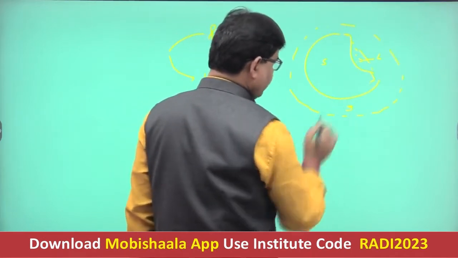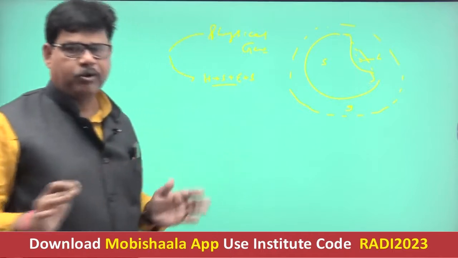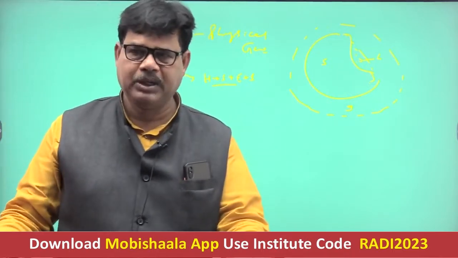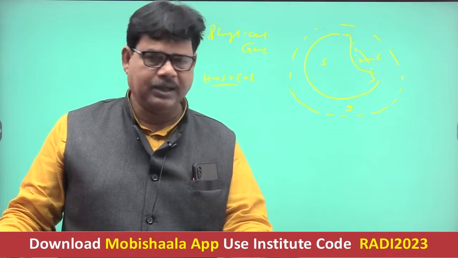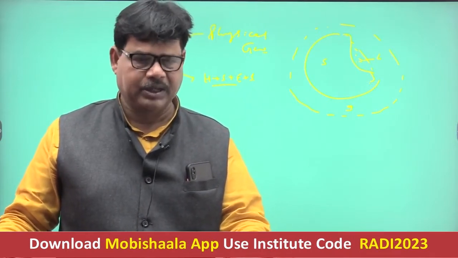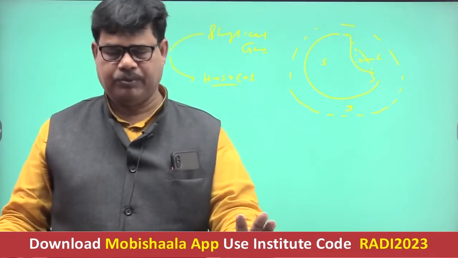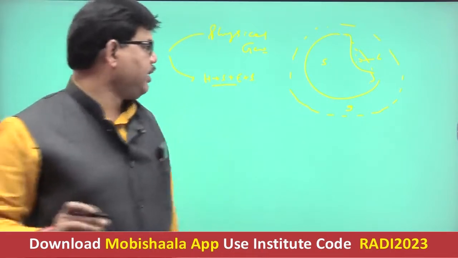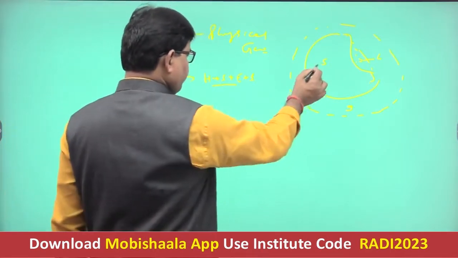This exists in gaseous form. So solid form represents a physical state, liquid form also, and gaseous form also. As far as solid is concerned, this part is referred to as lithosphere.